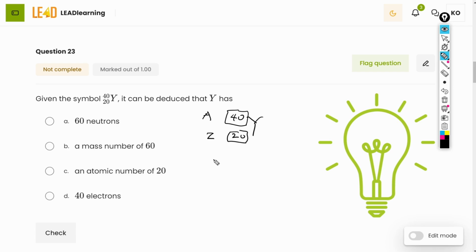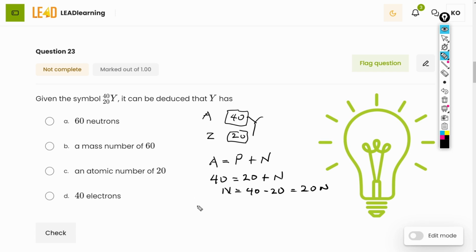Now, atomic mass A is equal to proton number plus neutron number. So if atomic mass is 40 and proton number is 20, it means my neutron number N would be equal to 40 minus 20, which is equal to 20 neutrons.